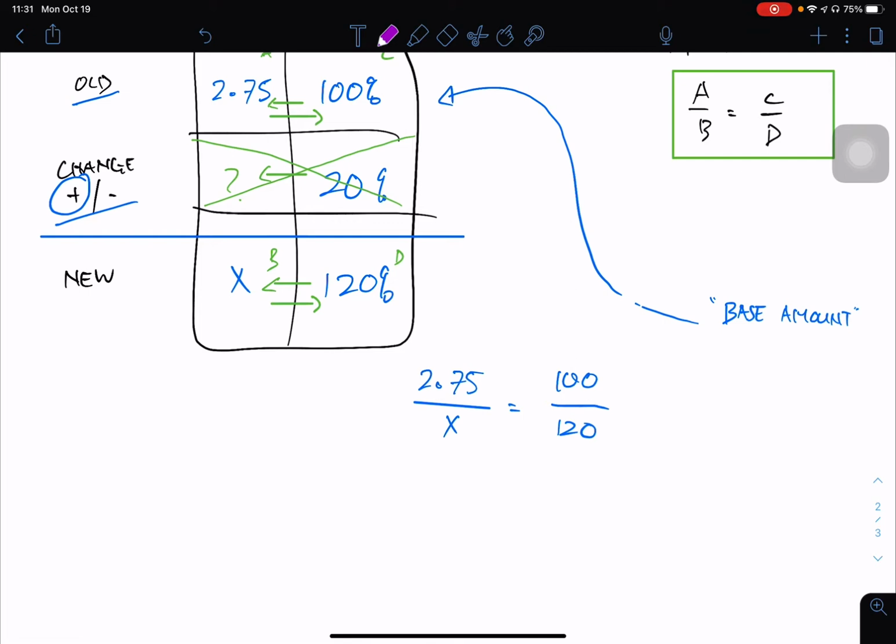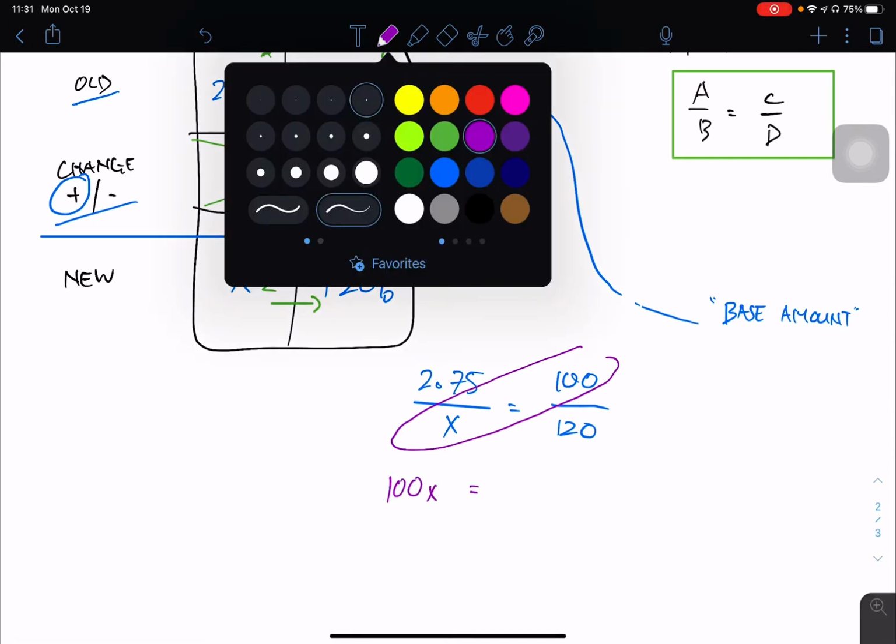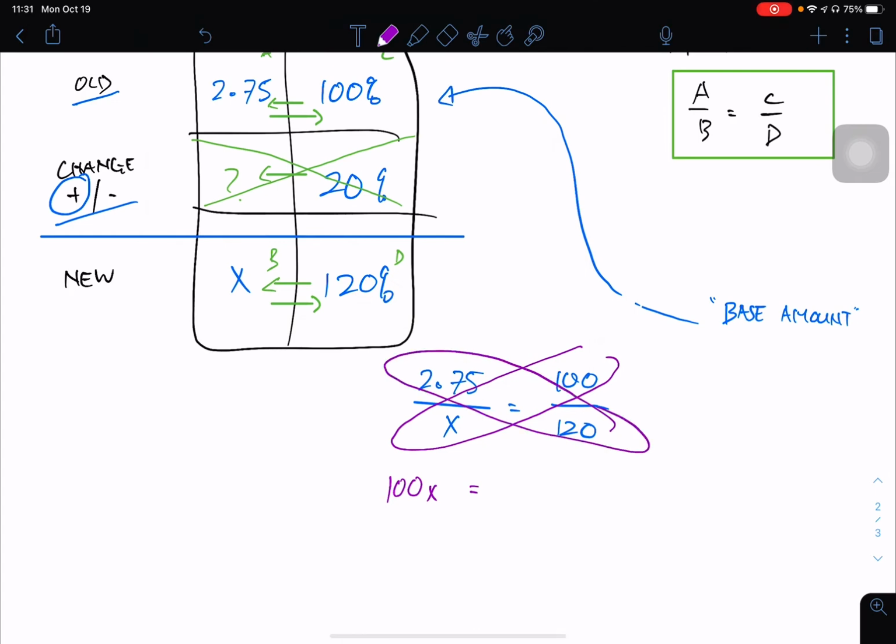So you cross multiply this way. So that's 100x equals, right here, 120 times 2.75, which is 330.